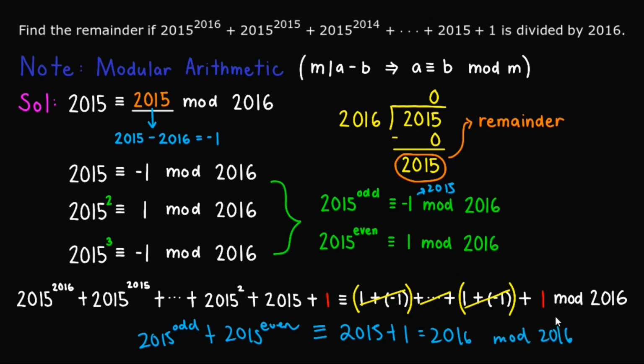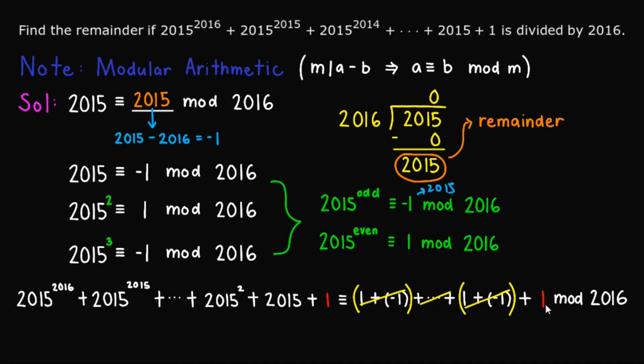And 2016, since this one is modulo 2016, then this one is just the same if we subtract 2016 out here. So this one is just the same as 0. So as you can see, even though we used a different representation for 2015 out here, even though we used negative 1 instead of 2015, the same idea applies, that the remainder is 0.